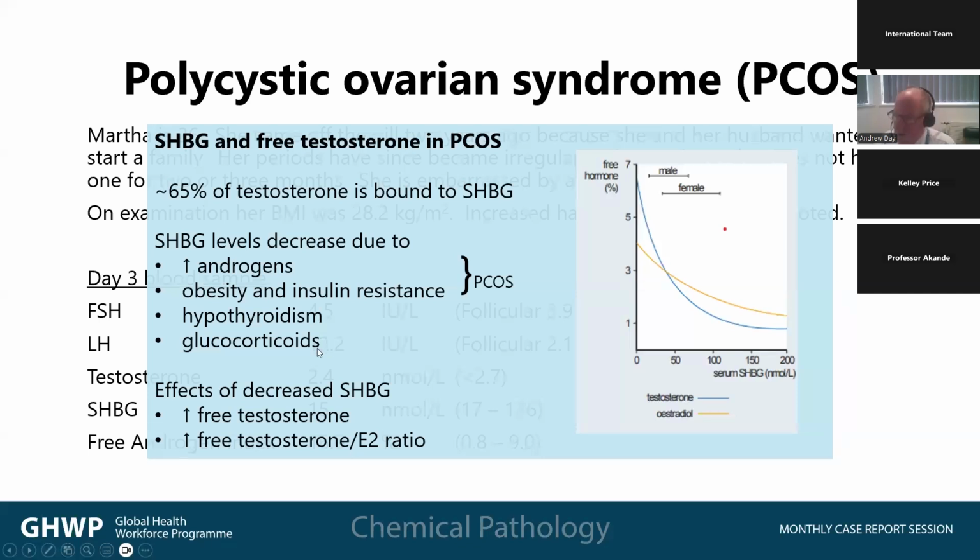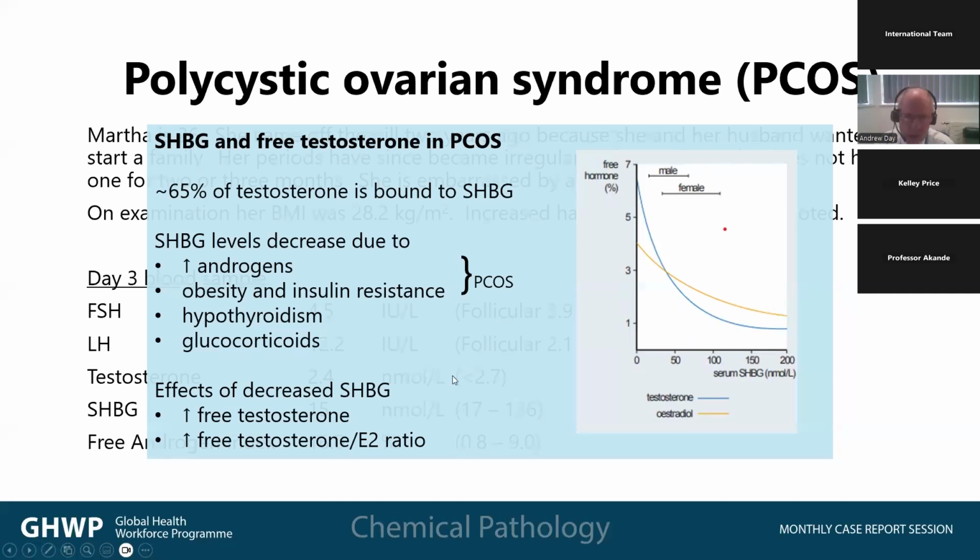But this dual effect of two factors that are often present in polycystic ovarian syndrome, I think underline the reason why SHBG levels are such a useful marker as part of the biochemical workup of PCOS. Patients very often have both increased androgen activity and an element of obesity or insulin resistance.